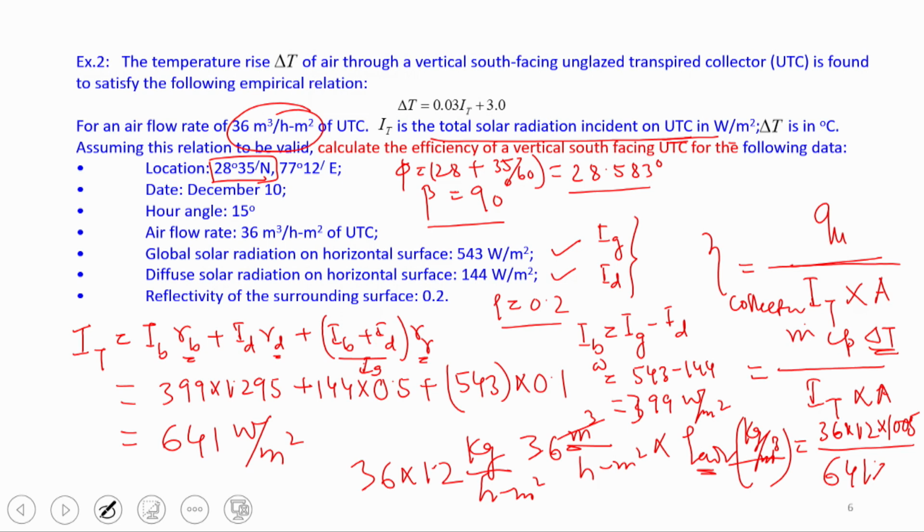So this A is taken care of by this expression, right? Because this is per meter square, and this is 1005, and delta T. So delta T is how much? It is a function of IT.